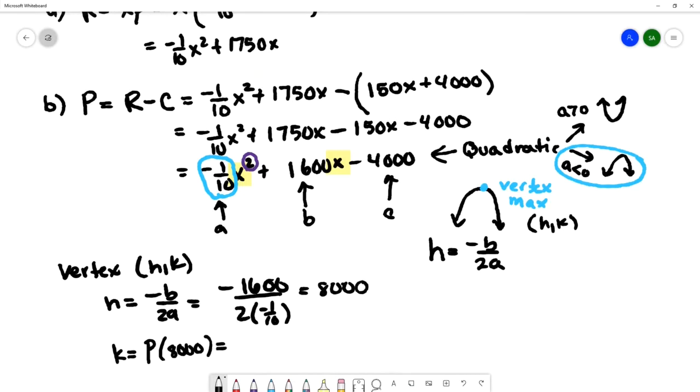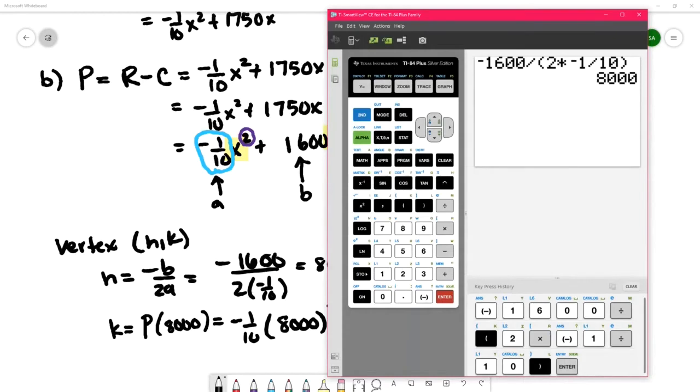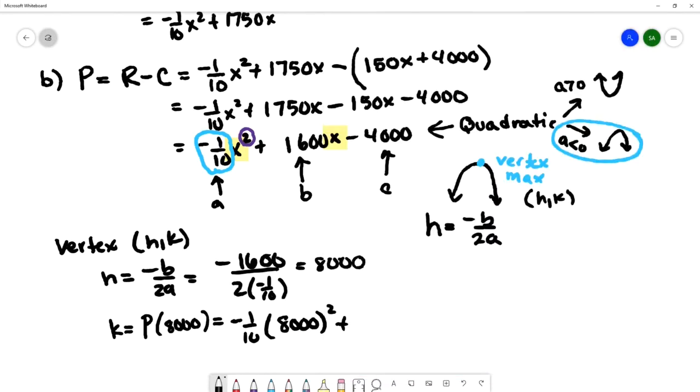So I'm substituting that 8,000 into the profit function, which would give me negative 1/10 times 8,000 squared. I'm just going to double check because I wrote 800. Okay, it's 8,000. Plus 1,600 times 8,000 minus 4,000. And once again, I'm going to bring back my calculator. We'll type it in.